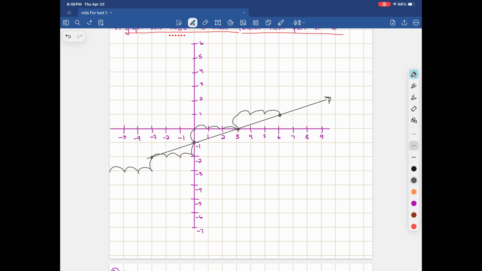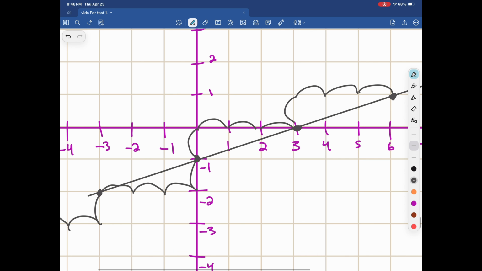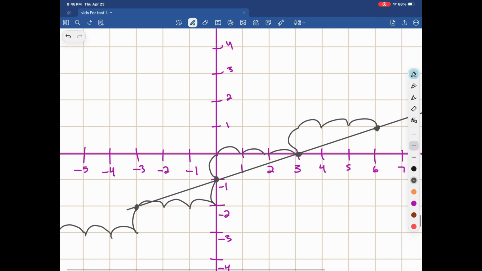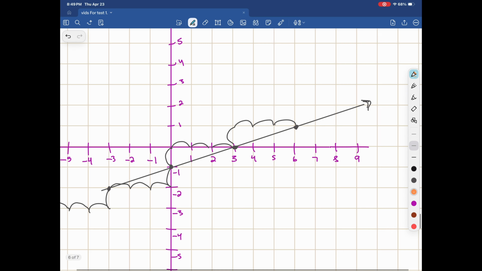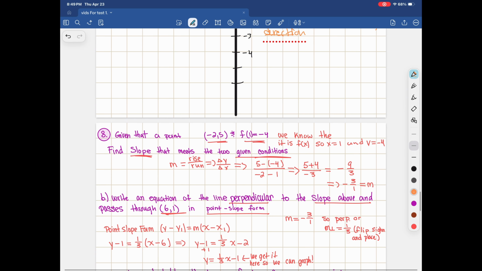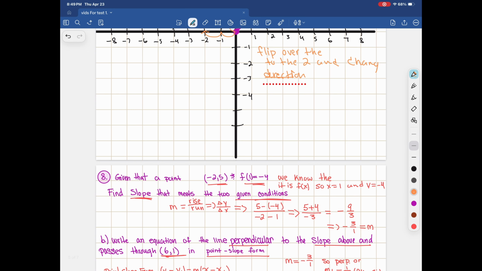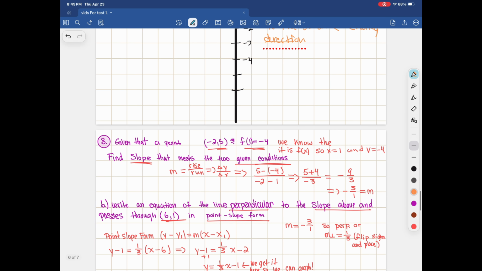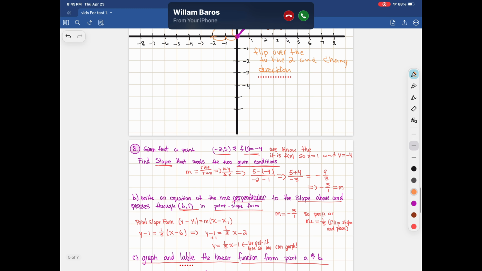Now we're going to start analyzing for our second line. Look at the information that we're given. And keep in mind, these points should still match up, right? So we should have a point at 1, negative 4. Excuse me for that call.